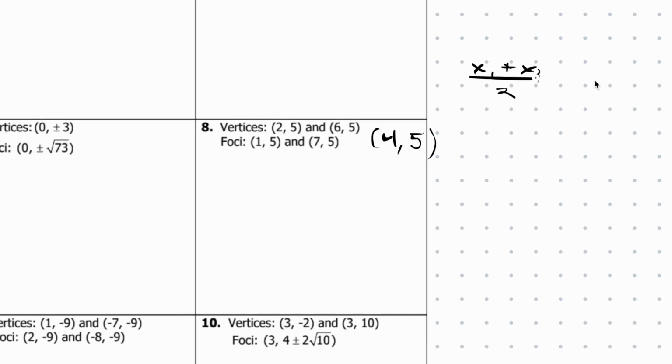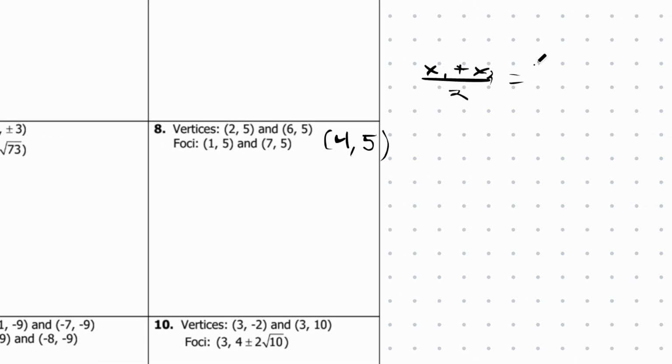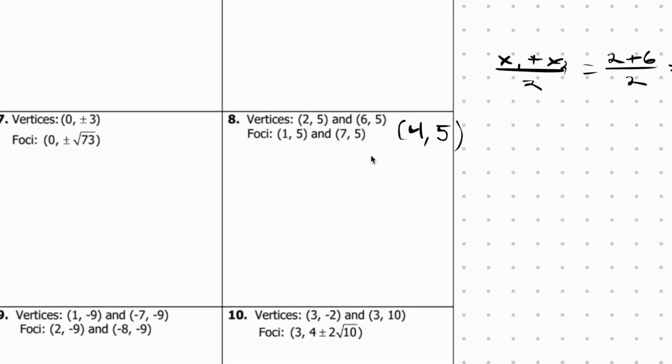So we would say 2 plus 6 over 2, which is 8 over 2, which is equal to 4. So this is our center. And now we want to find the distance from our center to our vertices. We see that 6 minus 4, or 4 minus 2, is just going to be 2. And since it's our vertices, that's going to be our a value. So a is equal to 2.